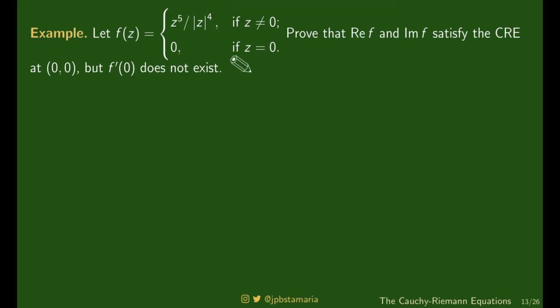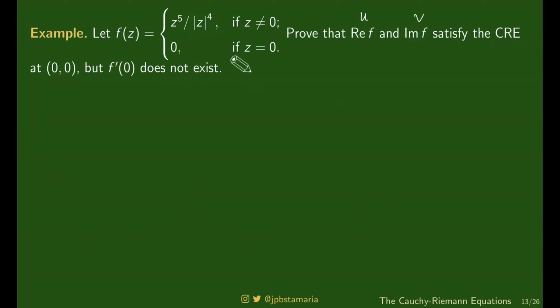Prove that the real part and the imaginary part of f, ito yung u at saka v ha, iba lang yung turing ko ngayon. Kasi wala na kayo nakikitang u and v doon sa aking definition, okay? Prove that u and v satisfy the Cauchy-Riemann equations at the origin in the Cartesian plane, but the derivative of f at 0 in the complex plane does not exist.